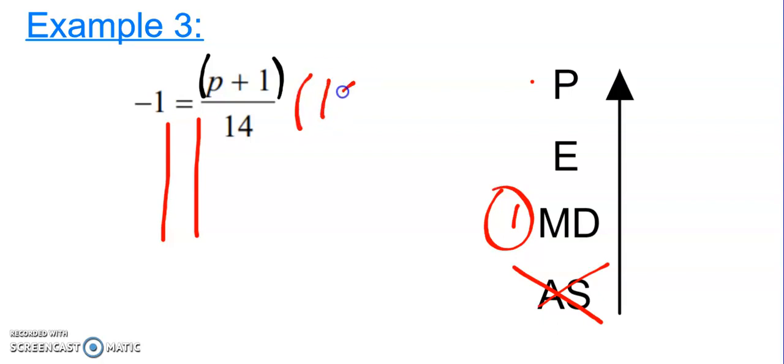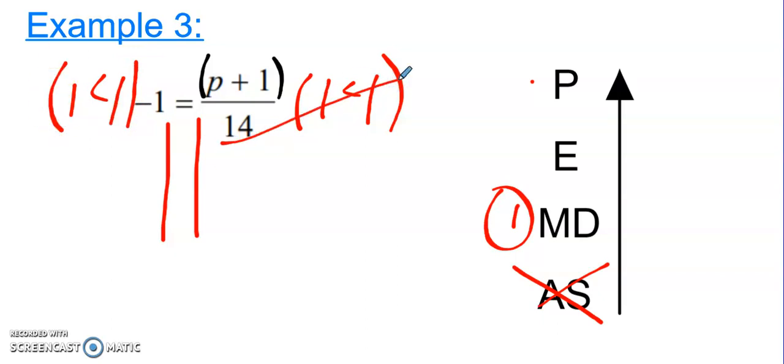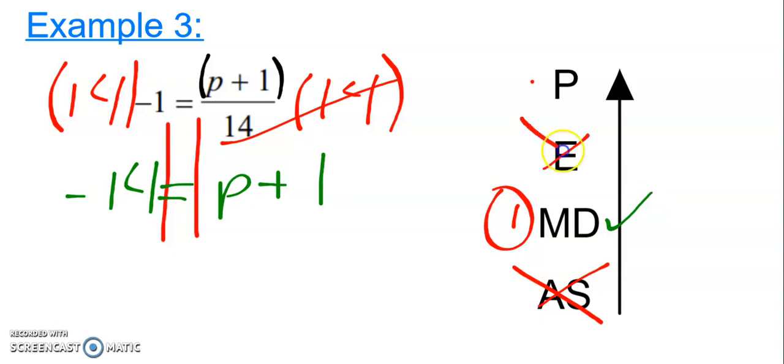Well, multiply both sides by 14 so that you can cancel out that and bring down the P plus 1. And when you bring it down, you do not have to write the parentheses anymore. 14 times -1 is -14. Okay, so multiplication, division, check. We don't have any exponents.